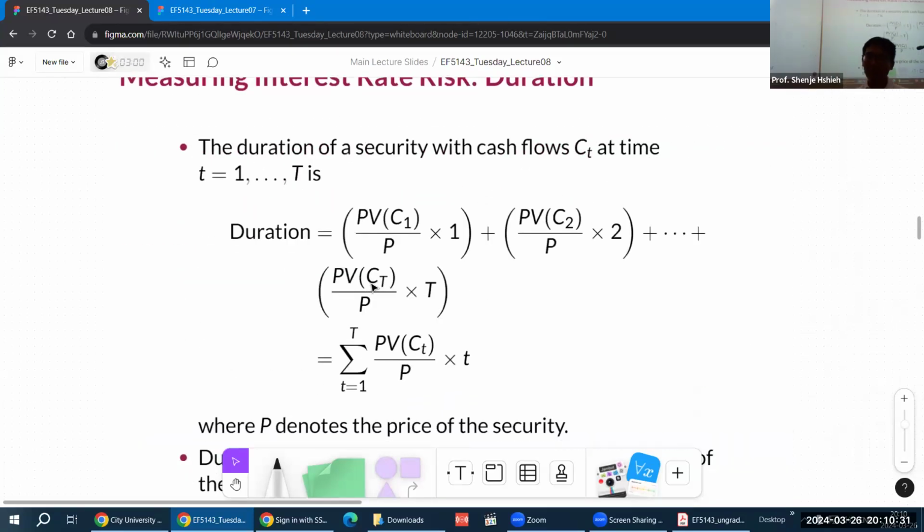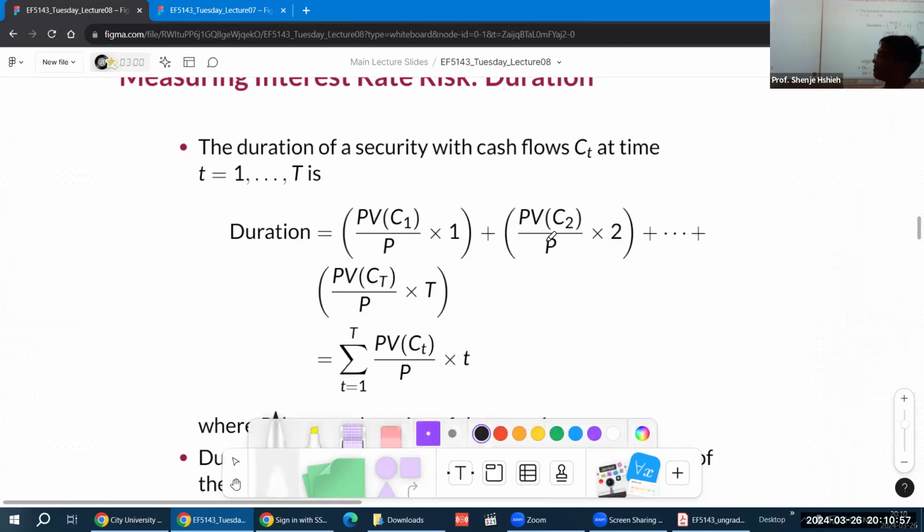So duration, as I said, is your average time to get your cash, weighted by the proportional value of the cash flow payments. So the present value of cash flow one is divided by the price of the bond today. The present value of cash flow two is divided by the value today.